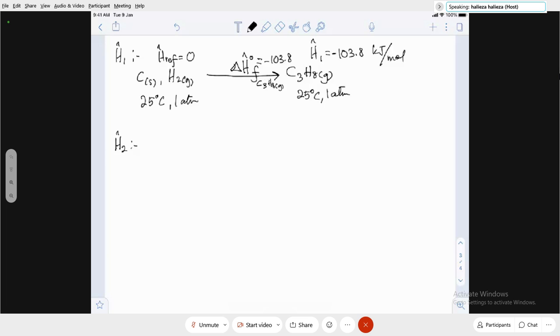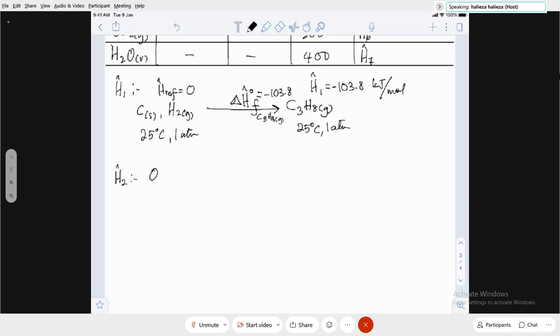Your oxygen gas at 25 degrees C, 1 atm, you're going to simply heat it up to 300 degrees C and 1 atm. You could use appendix B1 with the polynomial equation by integration to get that value of H2.